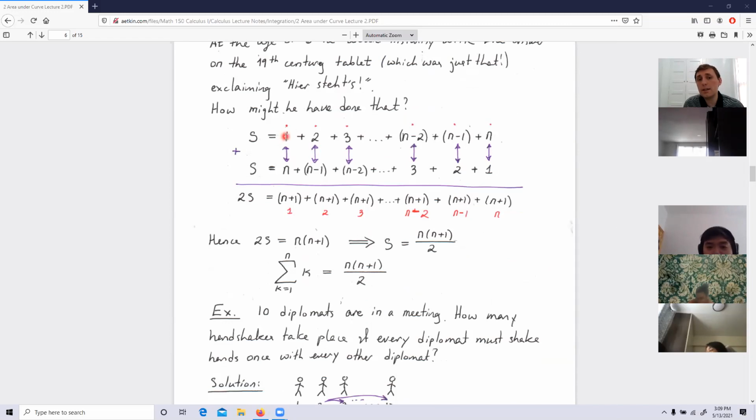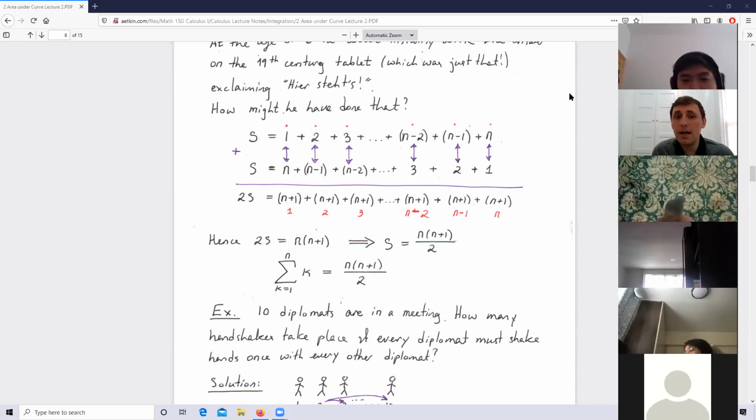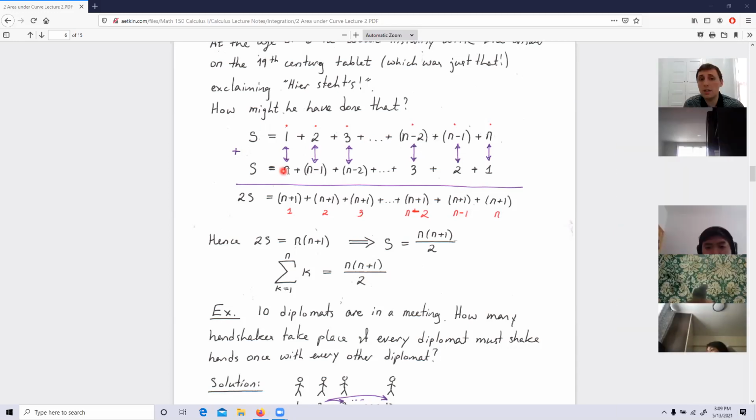So I can write the summation as 1 plus 2 plus 3 and onwards in increasing order. You agree? At the same time, I can write the same summation in decreasing order: n plus n minus 1 plus n minus 2 all the way in descending order.